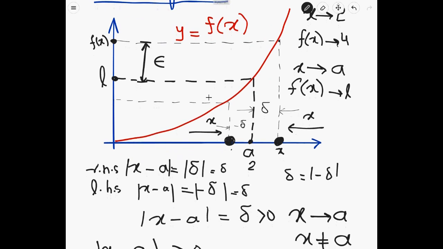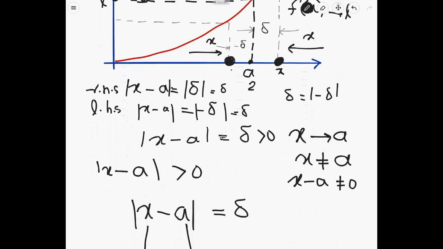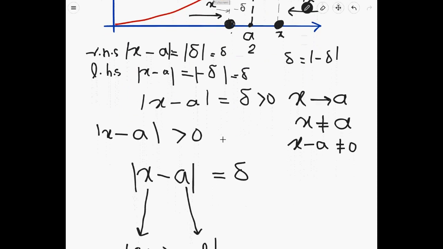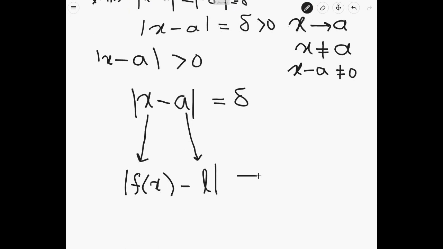So I will write that at this moment the difference between f of x and L is equal to epsilon, and from the left hand side this would be minus epsilon, therefore we will take the absolute value to justify this.